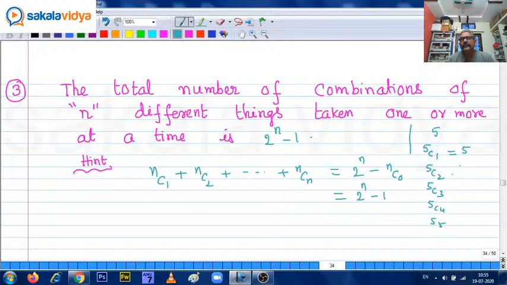This is 5, this is 10, this also 10, this also 5, and 5C5 is only one way. Adding: 6, 16, 26, 31. Instead of doing this, simply write 2 to the power of 5 minus 1. 32 minus 1 is 31 ways you can invite your 5 friends to dinner.